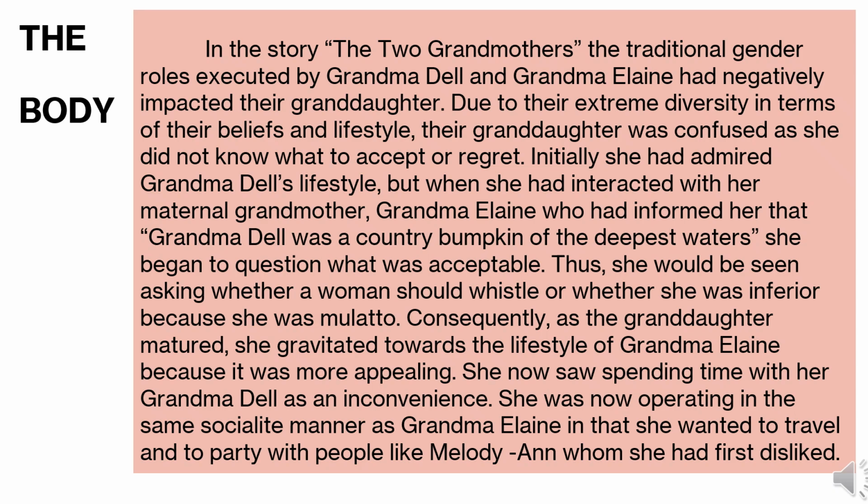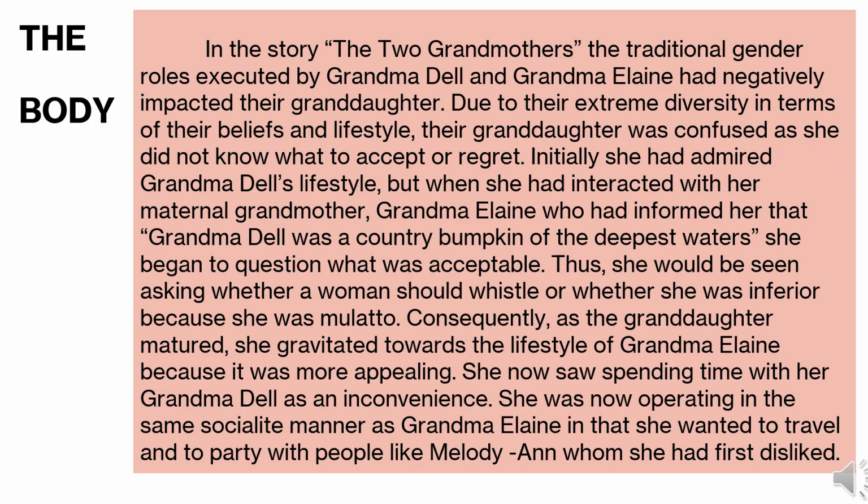In the story The Two Grandmothers, the traditional gender roles executed by Grandma Dell and Grandma Elaine had negatively impacted their granddaughter. Due to their extreme diversity in terms of their beliefs and lifestyle, their granddaughter was confused, as she did not know what to accept or reject.